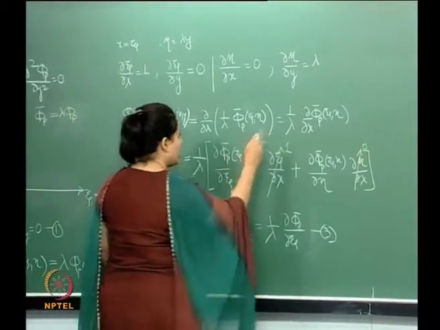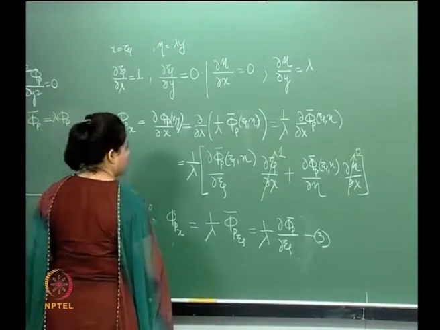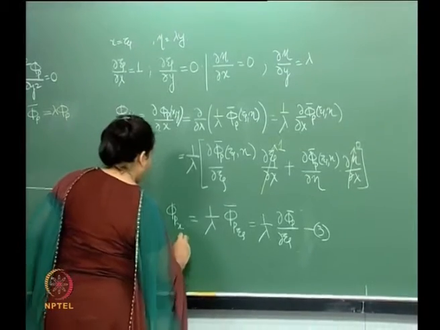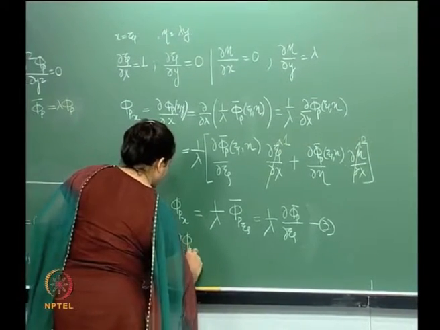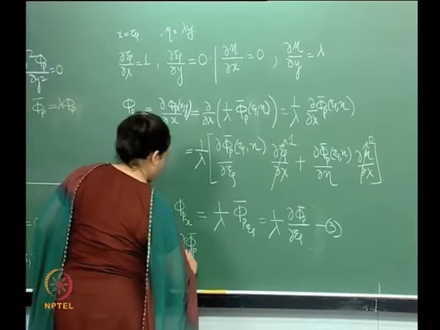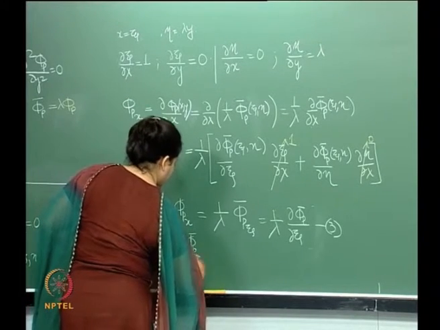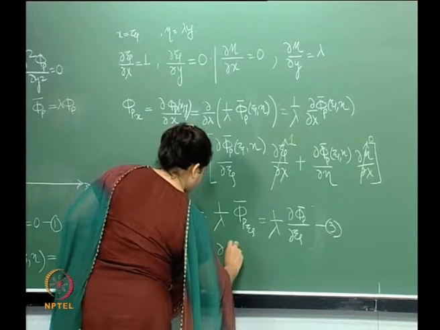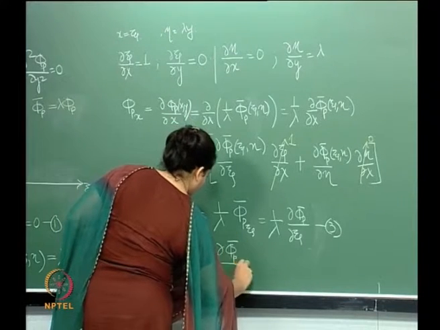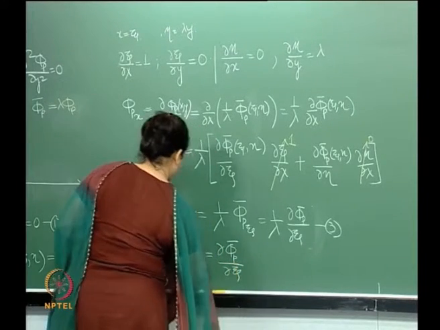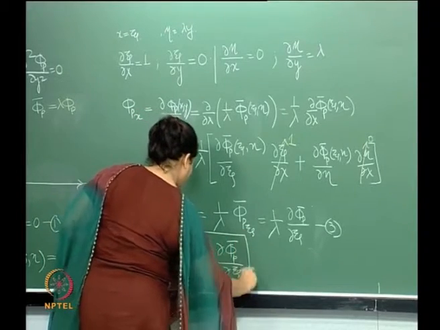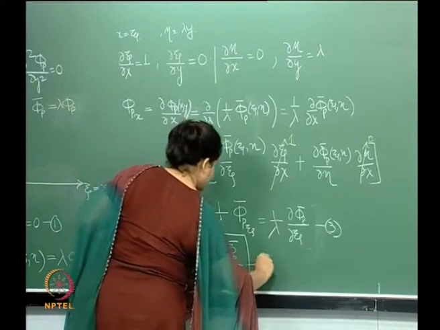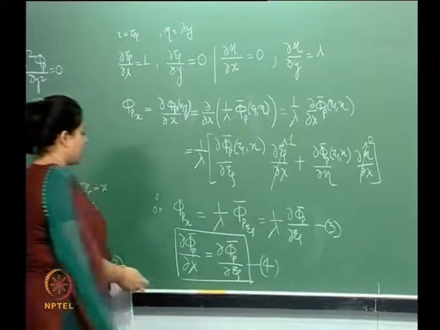Okay, so therefore, let us write that down as well. We can write that del phi p bar, okay, del x is equal to del phi p bar del zeta, and let us call that 4.